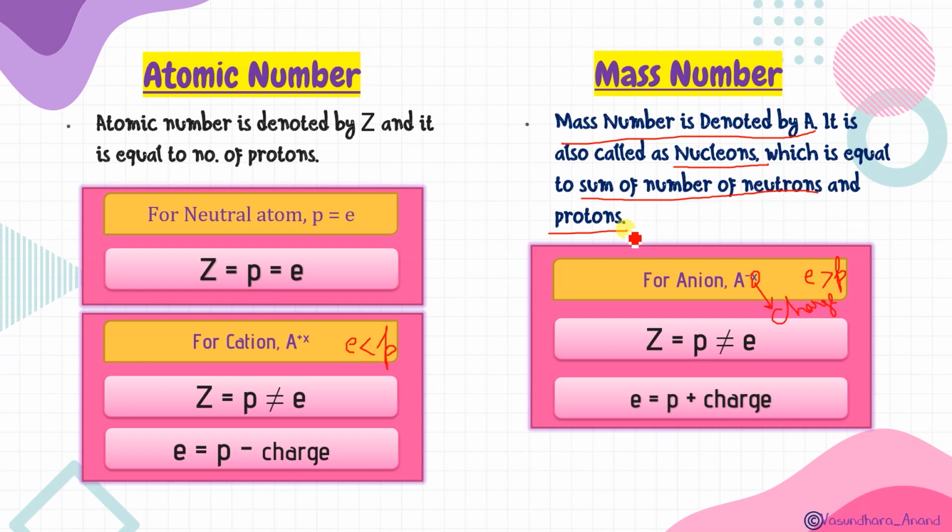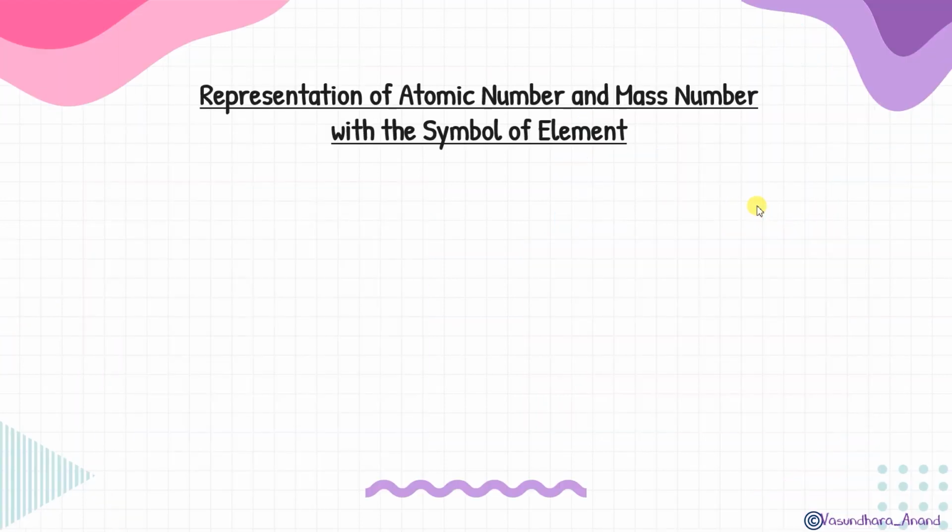If it is a cation or anion, what only is going to be affected? Only the number of electrons. Rest all things will be the same. So there is a formula for A. Let me write it here. A is equal to, what I have written in language, we can do in the mathematical way. A is equal to n plus p. I hope it is clear. So we will use this formula also.